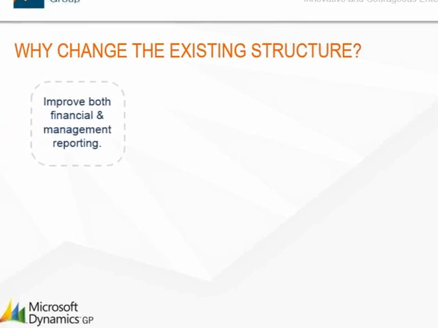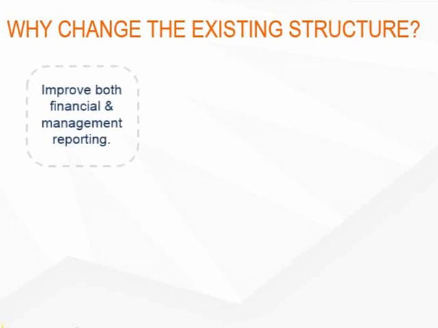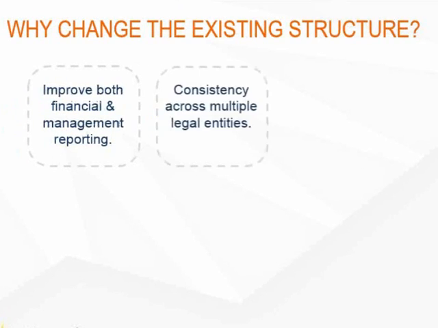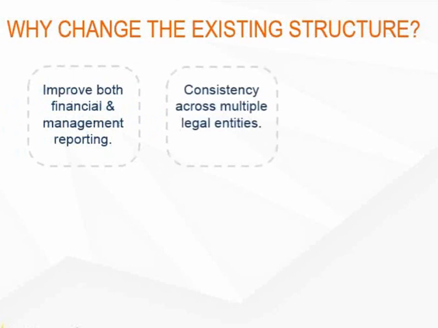First, right away, to improve both financial and management reporting. One of the biggest requirements and one of the biggest reasons why we look at changing a GL structure is to help with financial reporting. Another one is consistency across multiple legal entities.